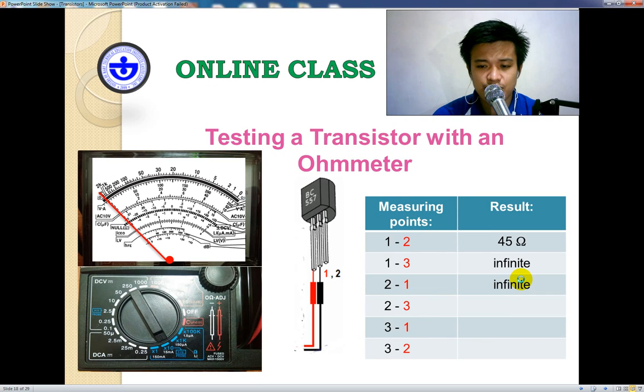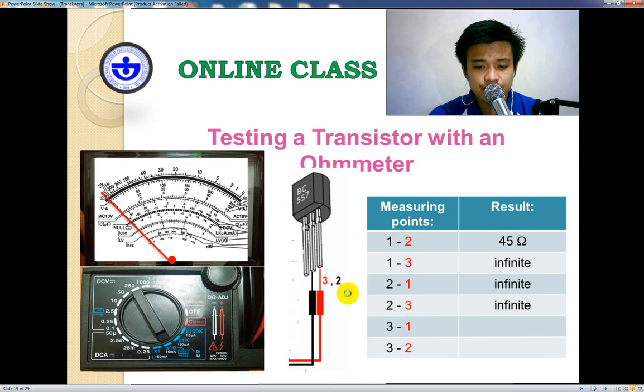Okay, so next combination of legs: 2 and 1. It means the black test probe now goes on terminal 2 and the red test probe goes on terminal 1. If I still get infinite, I record it the same way, then proceed to the next combination, which is 2 and 3.